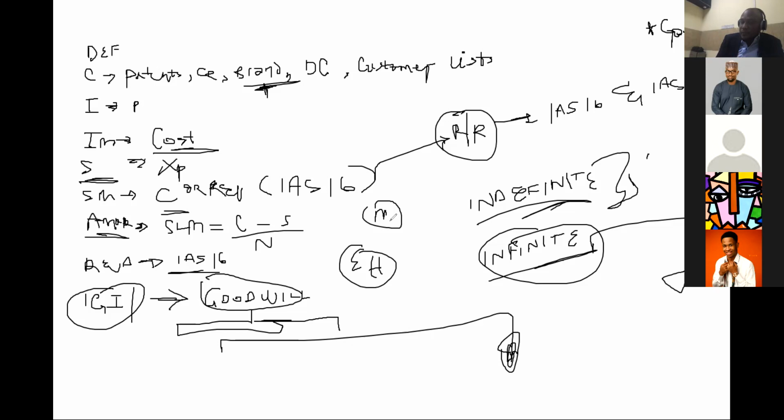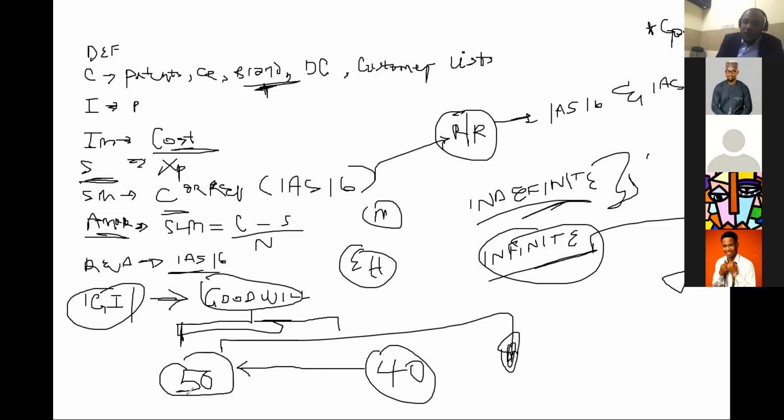However, if a company is sold, then most of the time, the company's net assets might have been 40, and the company is sold to another entity for 50.